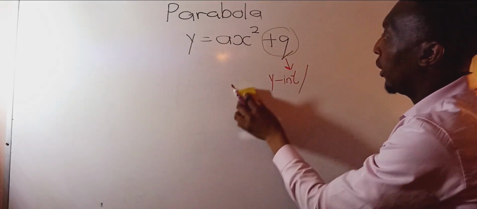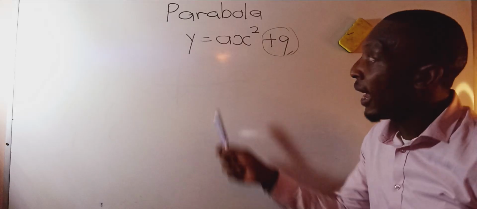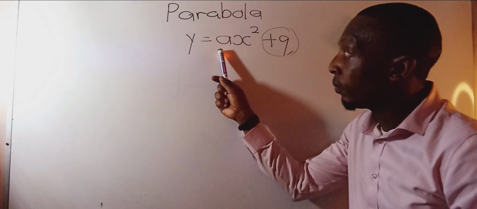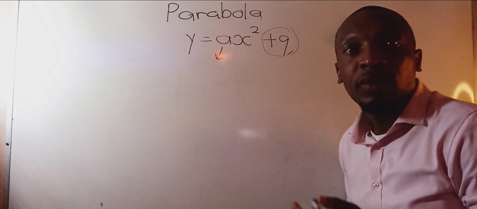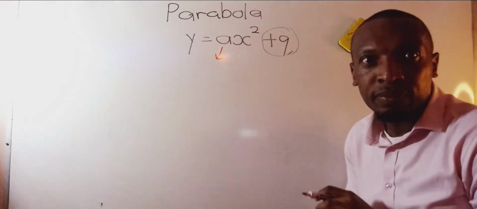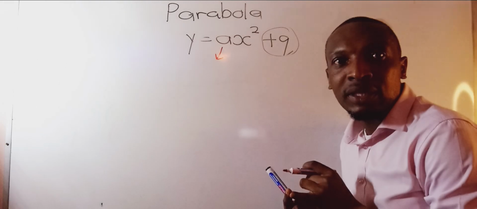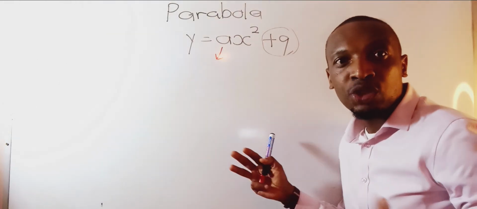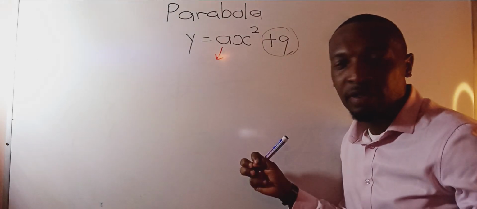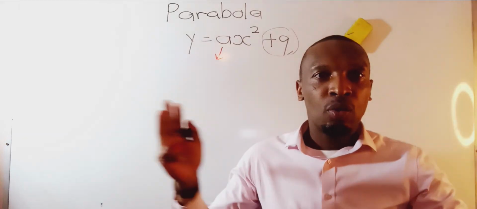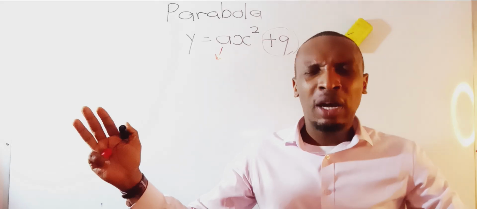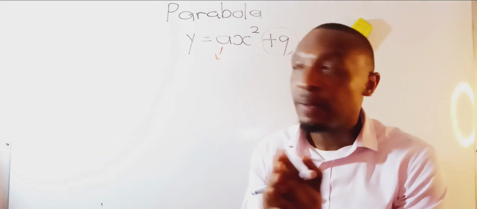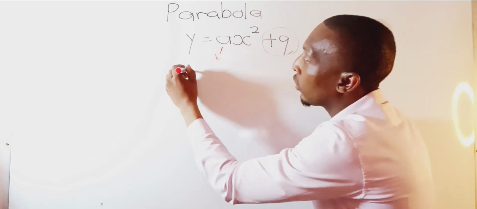I want us to look at this a now. Very important. The a tells us two things. First of all, it tells us the stretch of this graph, how wide or how narrow it is.